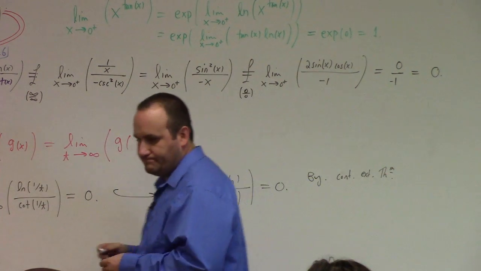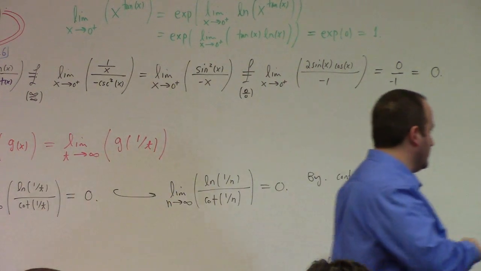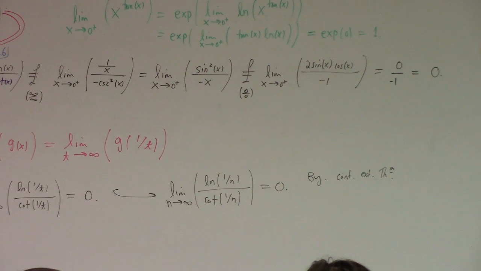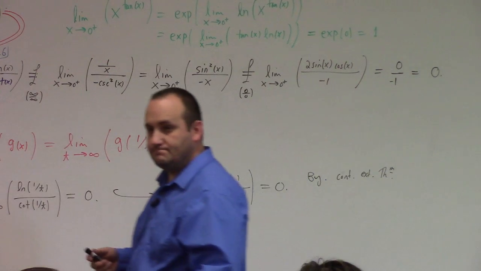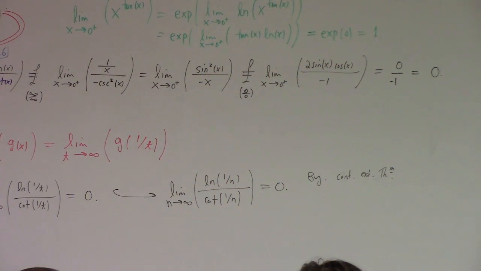All right. Any questions? Okay. So in that case, if it's two things multiplied by each other, the first step would be making it into a quotient. Yes.